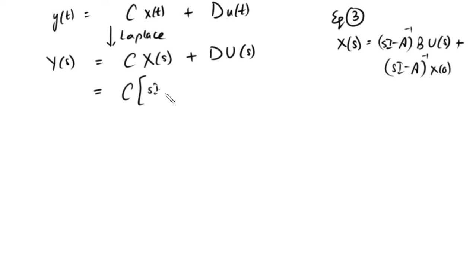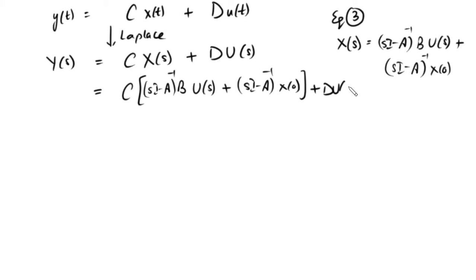So C times (sI minus A) inverse B u of s plus (sI minus A) inverse x of 0, plus D times u of s.